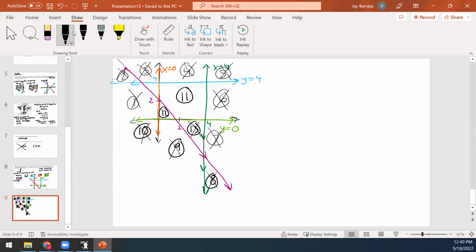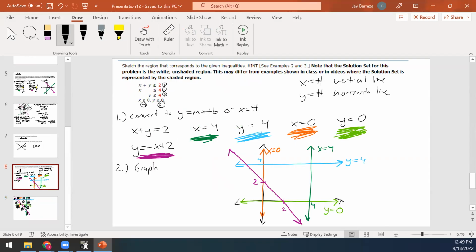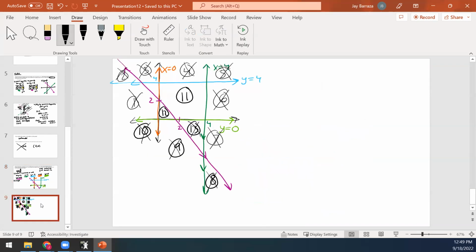How do I know that, you might ask? Well, go back to the original condition. Do you see right here that these have to be positive numbers? Does everyone see that? That means anything with a negative number is automatically off the table. I missed one right here. There's another one right here, 14. But these are all off the table, okay?